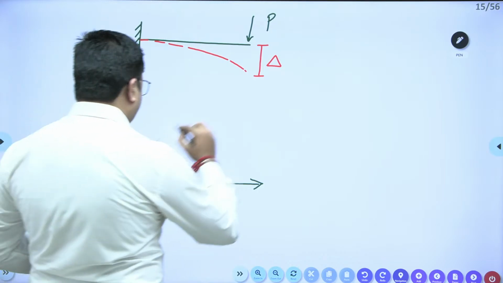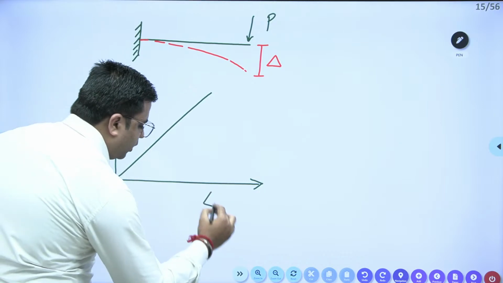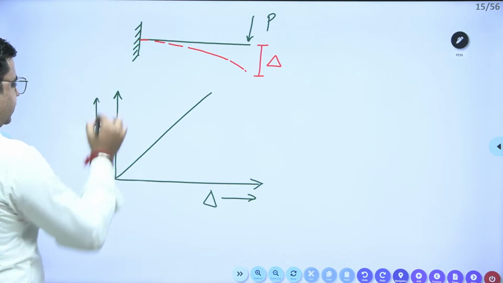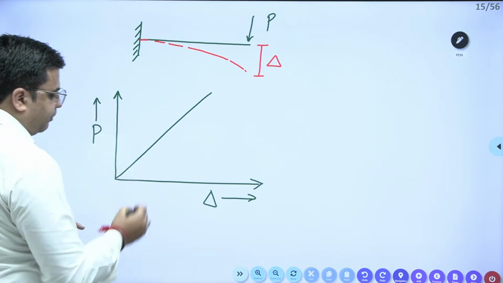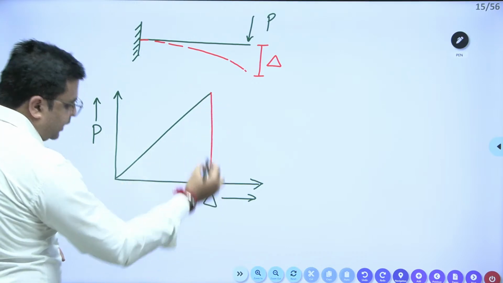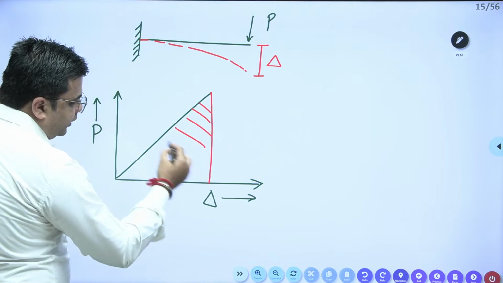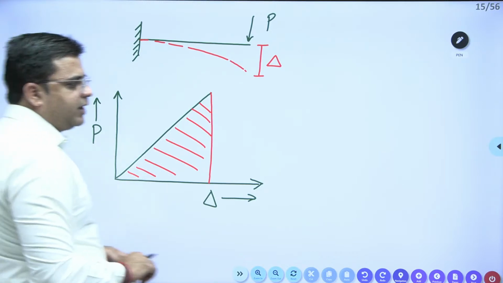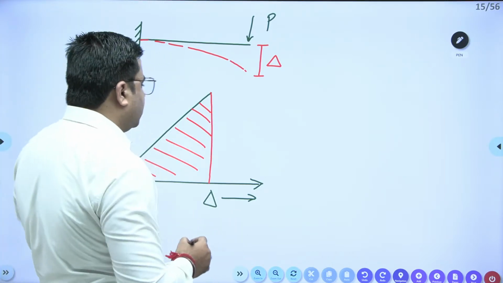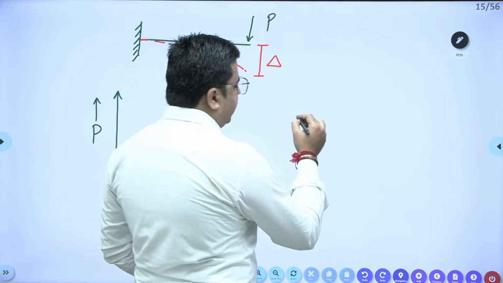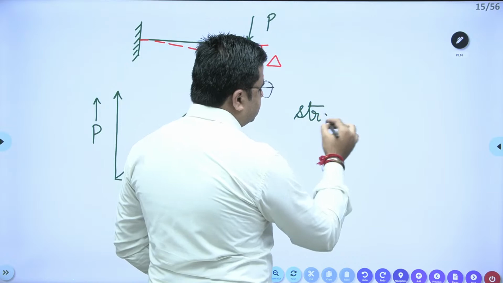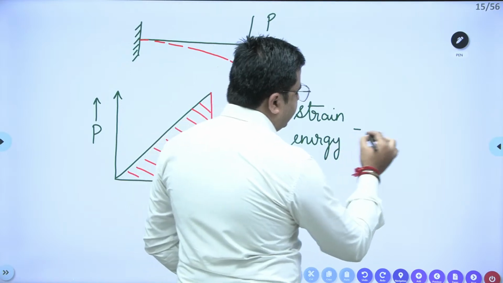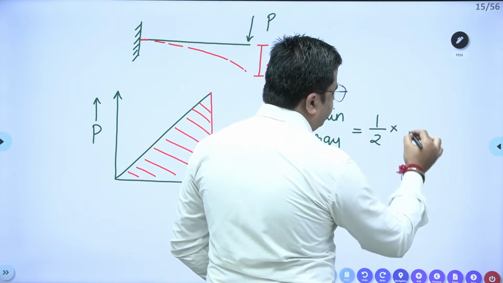If I plot deformation on the x-axis and load on the y-axis, for a gradually applied load, this kind of deformation is seen. When you increase the load, you will have more deformation. So the area under this load deformation curve gives us the strain energy, that is half P into delta.